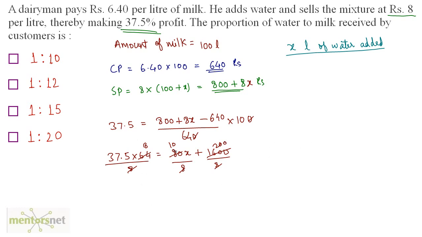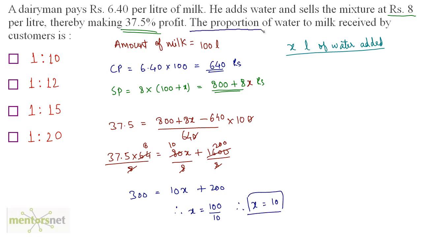So we have 37.5 times 8 gives you 300, is equal to 10x plus 200. So therefore x is equal to 300 minus 200, which is 100, divided by 10. So x is equal to 10. So the amount of water added is 10 liters.